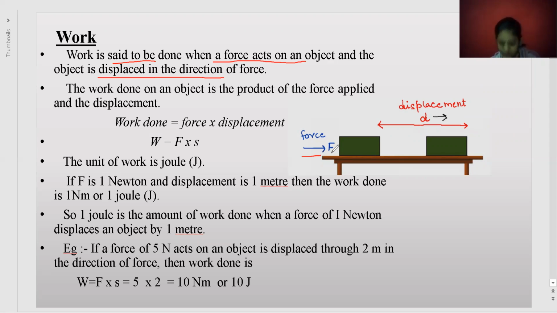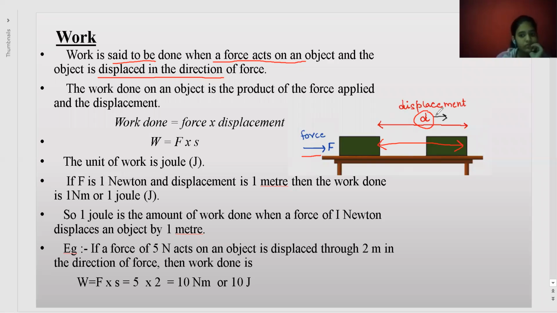So of course that block would move by some distance, and say that the block has displaced, or it has covered the distance D. So we will say that yes, the work has been done on this block. Is this clear? So the very simple meaning of work done is a force should be applied on a body and the body should move or it should cover some distance because of that force. Only then we will say that work is done.